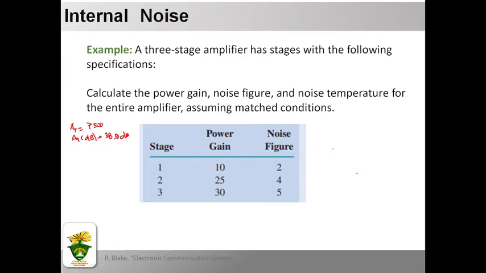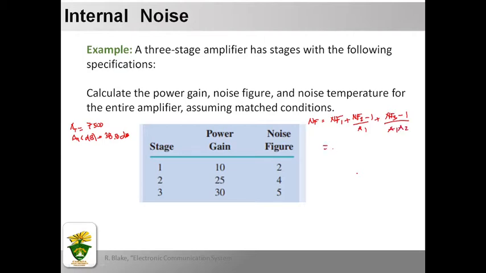Now let us compute the noise figure using the Friis formula. So we have NF is equal to NF1 plus NF2 minus 1 over A1 plus NF3 minus 1 over A1 times A2.